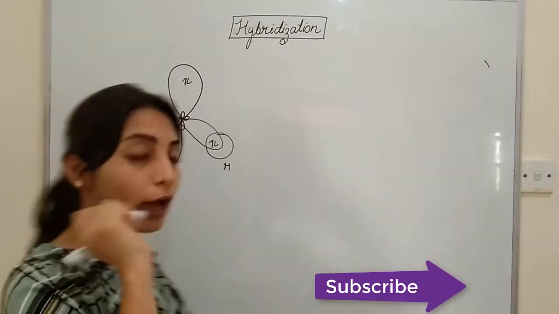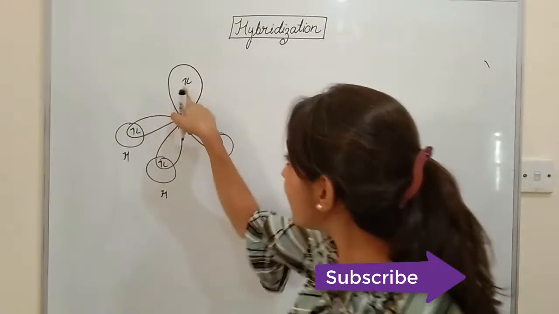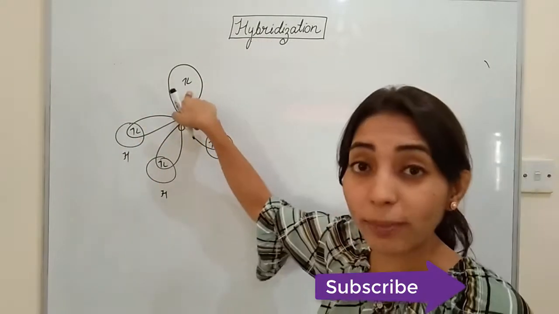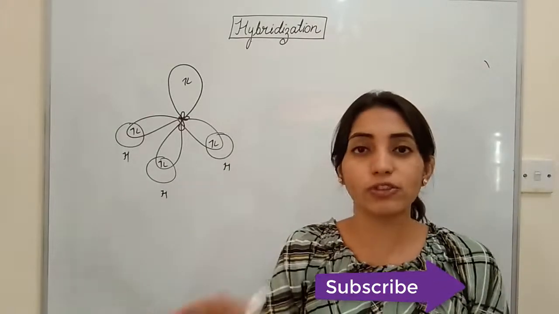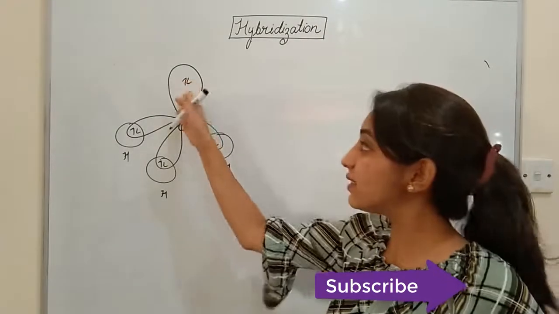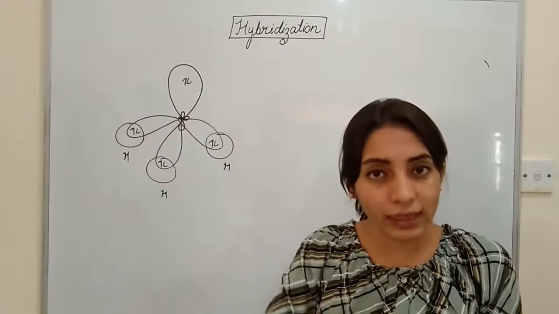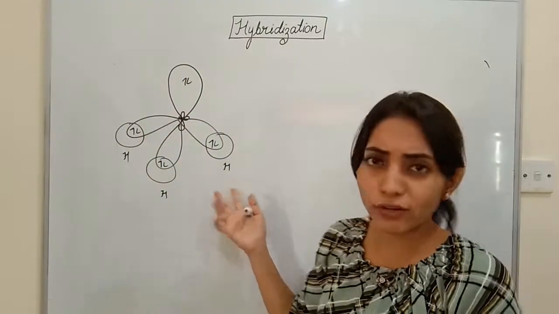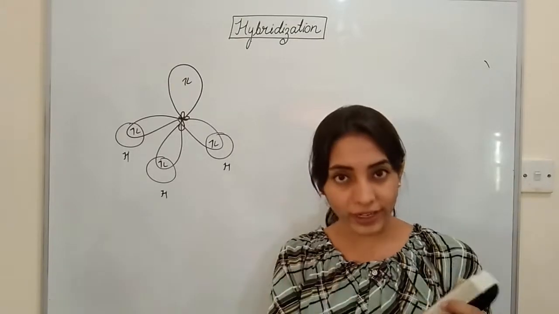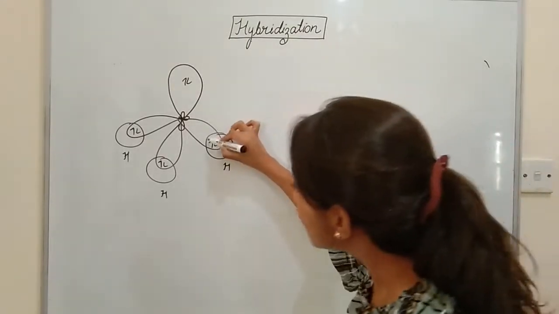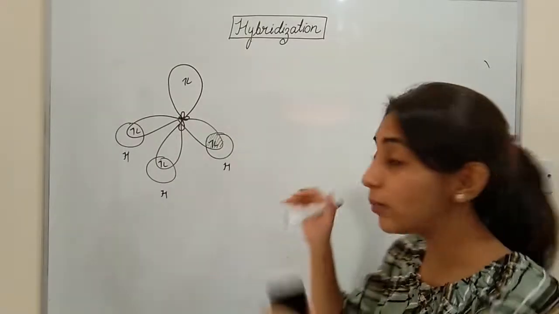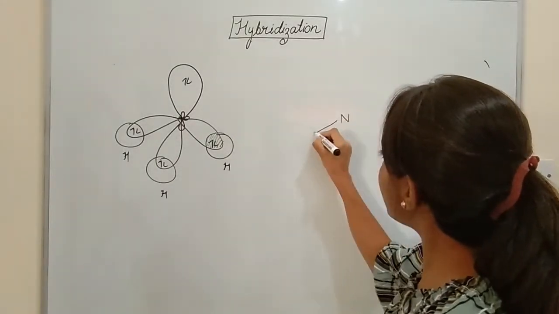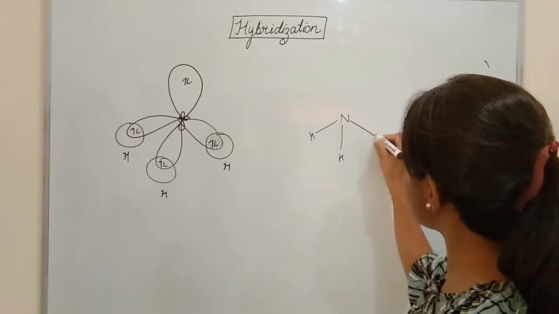Now the problem is, we are still having one orbital with 2 paired electrons where no hydrogen is coming, right? Because this is already filled, no hydrogen can come. And we do not have a 4th hydrogen, we just had 3 hydrogens, right? Now listen, these 2 electrons which are taking part in the bond formation, I will write them like this.